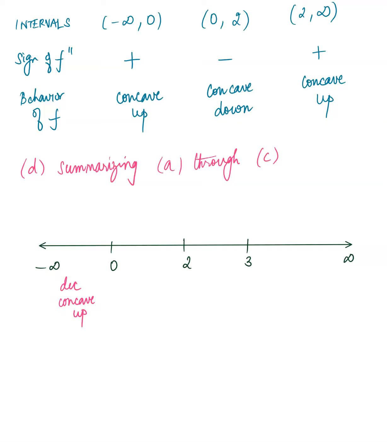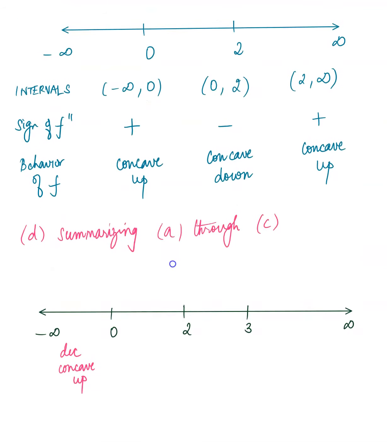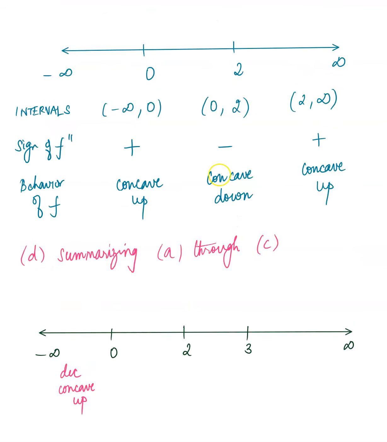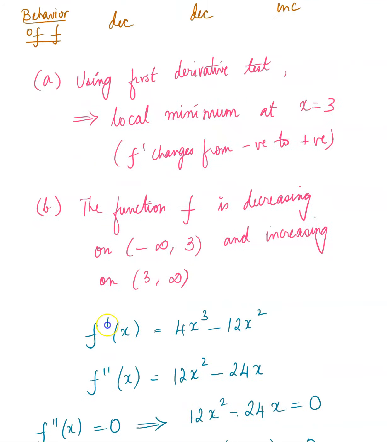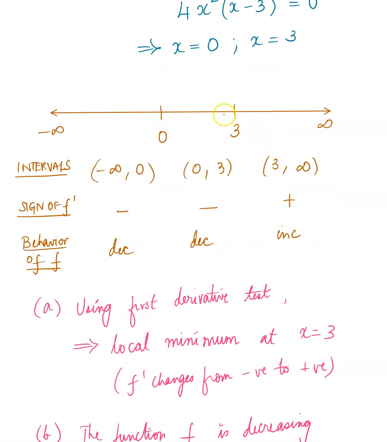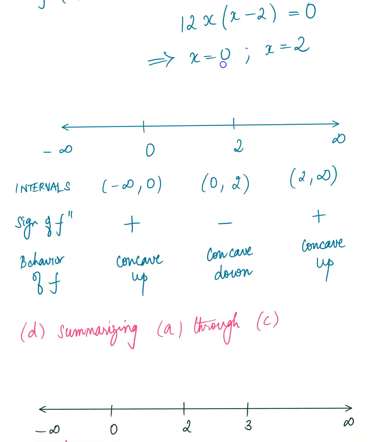Decreasing and concave up. 0 to 2 is concave down. But here it's 0 to 3. 2 is somewhere in between. But 0 to 3 is decreasing, so 0 to 2 must also be decreasing. So it's decreasing and concave down.